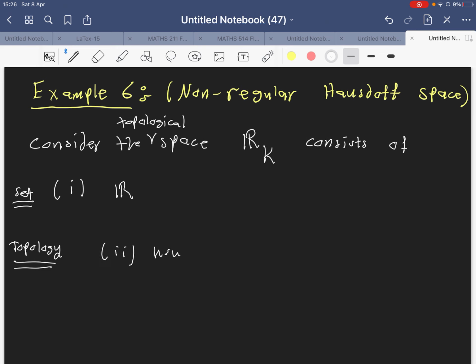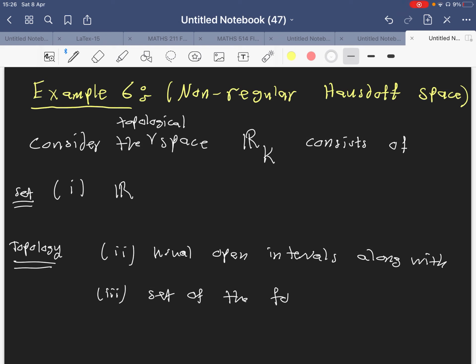The usual open intervals, along with sets of the form interval minus K, where K is the usual set of 1 over n.